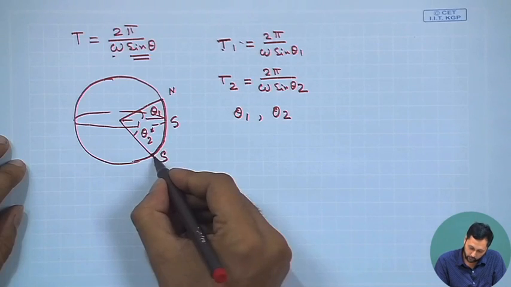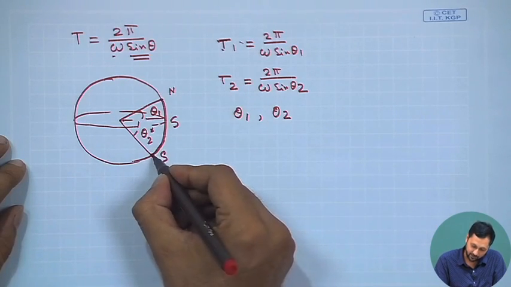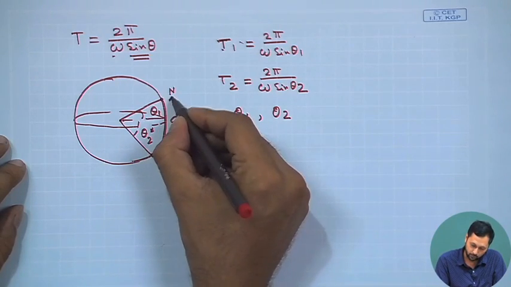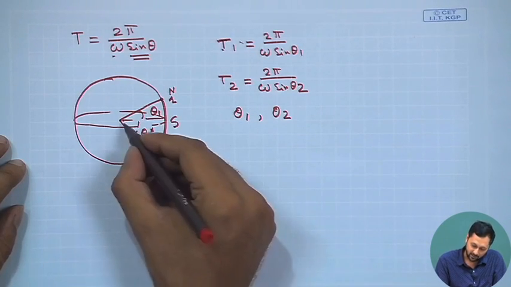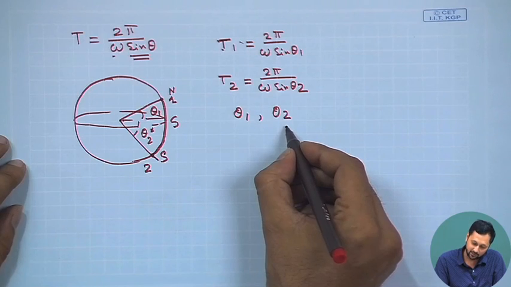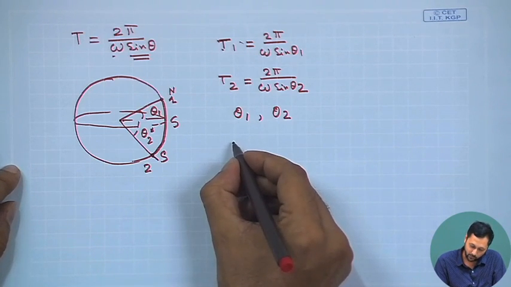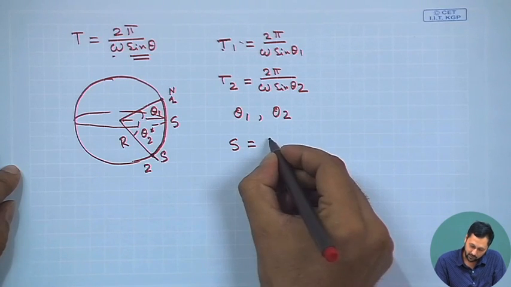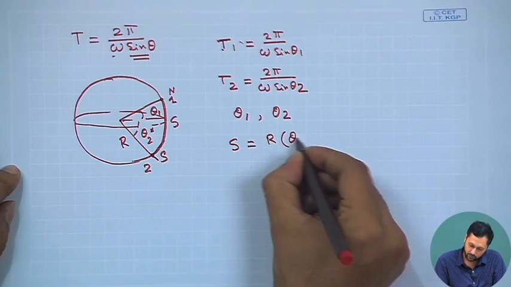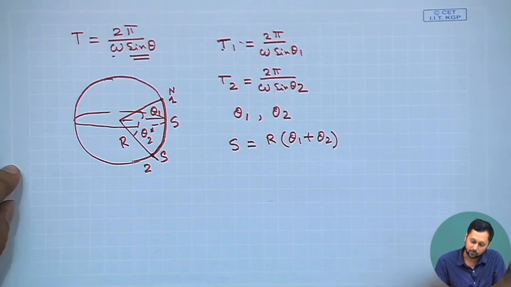Then this experimental result itself can be used to calculate the radius of the earth, because this S will be nothing but r into theta 1 plus theta 2.